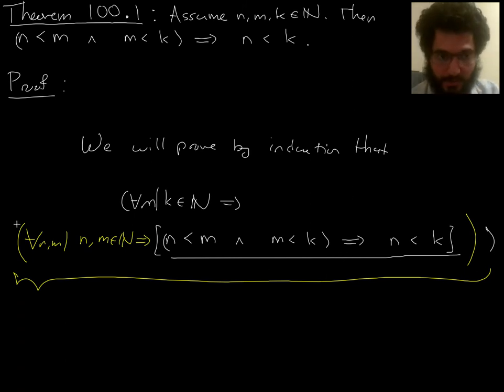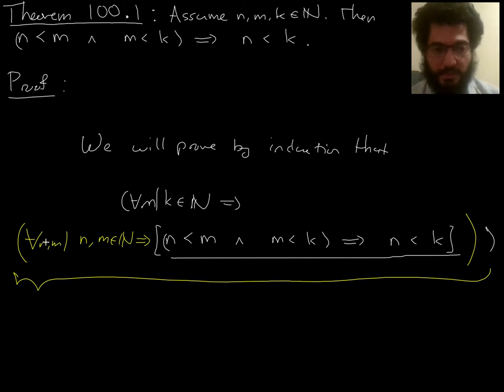You'll get to assume this whole giant thing with the for all, which is more powerful than just having a fixed n and m at the beginning where you just have something working for those particular n and m. Sometimes this is needed in proofs by induction.